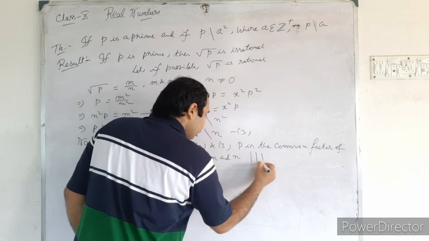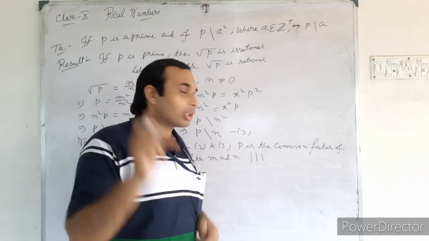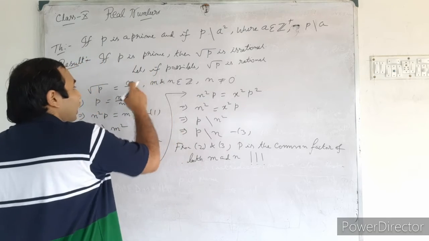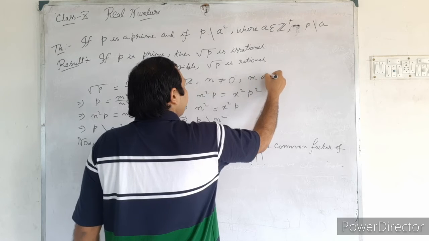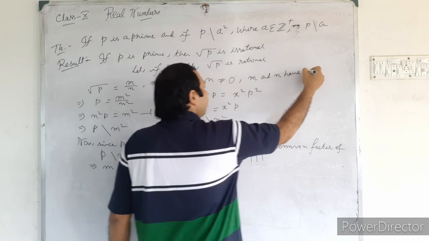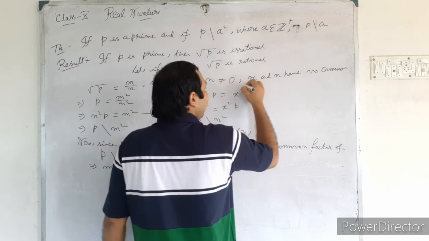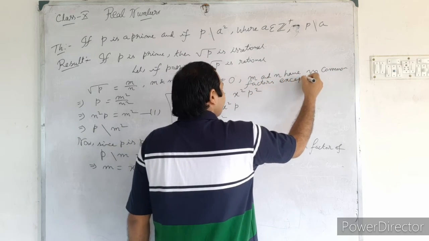We give the exclamatory sign for the contradiction. Why is it a contradiction? Let me write: m and n have no common factors except 1.